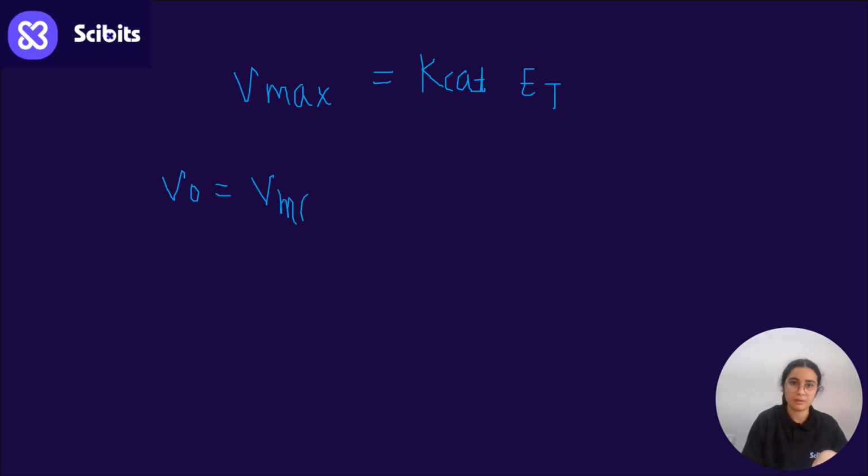There is another formula, Vmax is Kcat times Et, the total enzyme concentration. And to calculate the velocity of a reaction at an observed velocity, multiply Vmax by substrate concentration divided by Km plus substrate concentration.